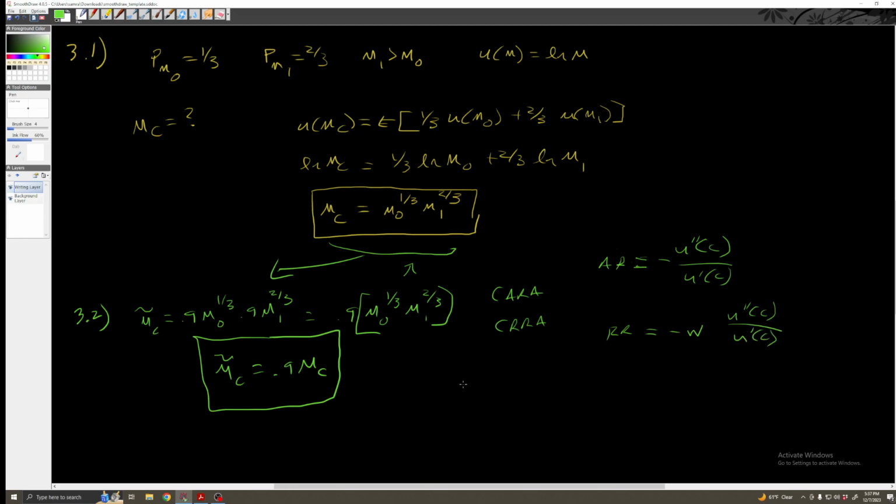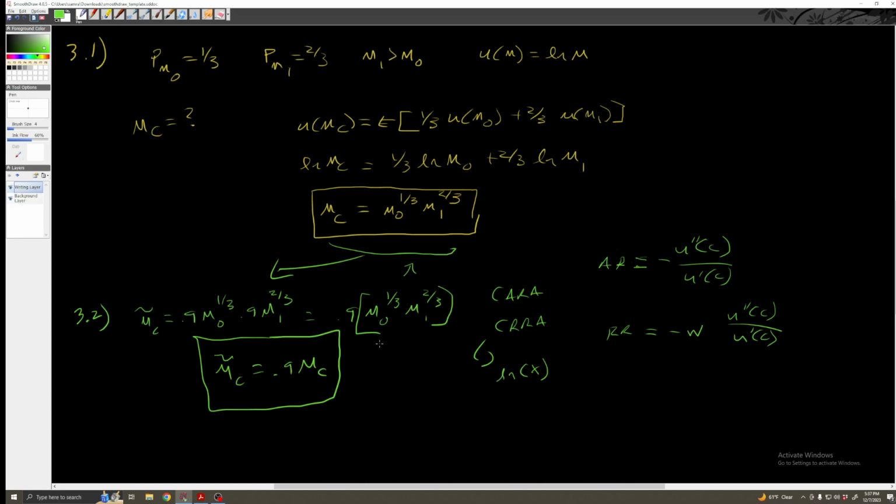And so the natural logarithm is a special case of a constant relative risk aversion, which just means I have the same risk aversion at all these different levels of wealth, basically, right?